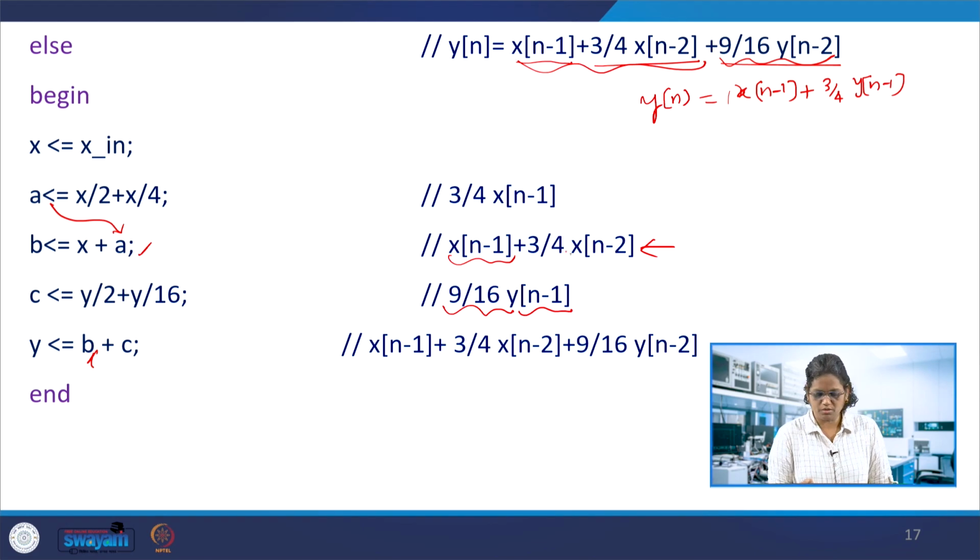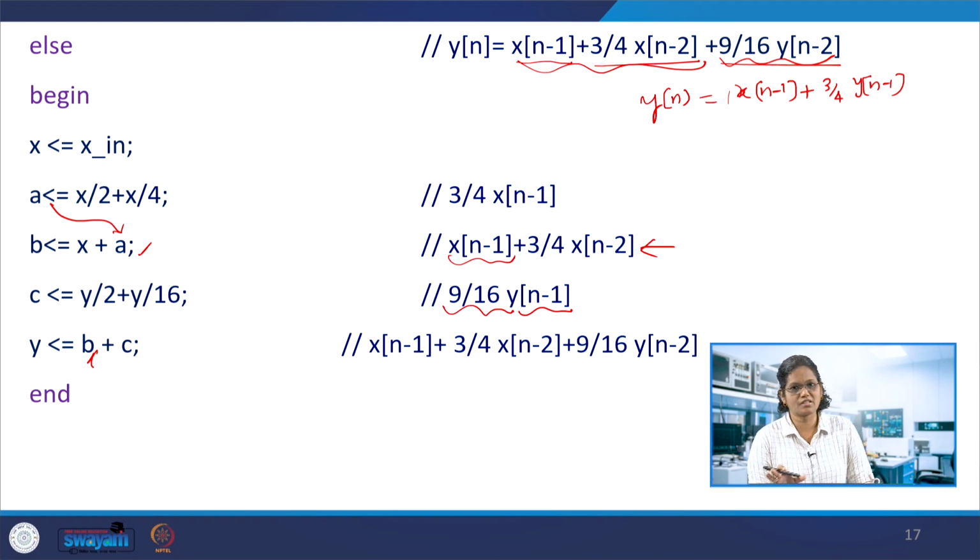So this becomes 3 by 4 x of n minus 2. Similarly, for y of n, there is no separate y of n minus 1 coefficient. So though it is giving 9 by 16 y of n minus 1, if it is y of n minus 1, then we can here itself use y equal to y by 2 plus y by 16 plus b. Okay, so this needs to be stored again to get y of n minus 2, so plus c. So this is the way in which we have to deal with each and every coefficient.